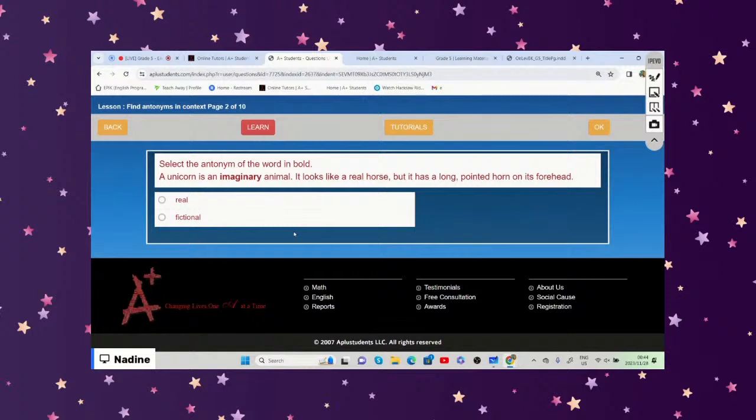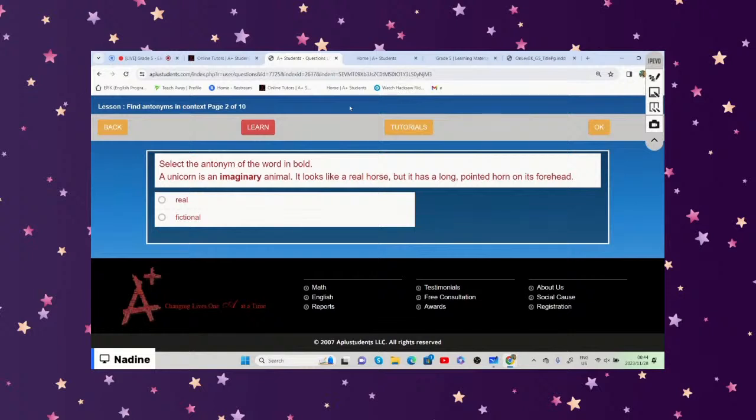We will find the specific word, the opposite word, within the second sentence. So the first sentence is, a unicorn is an imaginary animal. And the second sentence is, it looks like a real horse, but it has a long, pointed horn on its forehead.